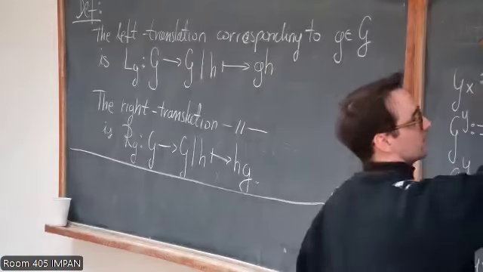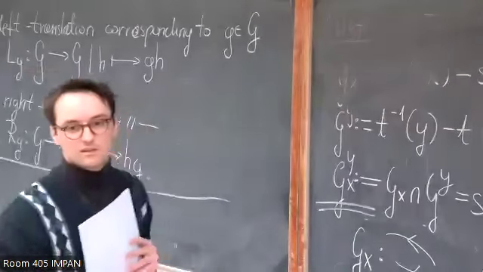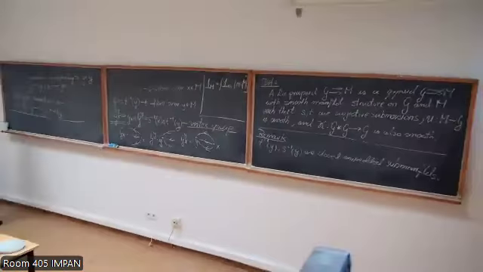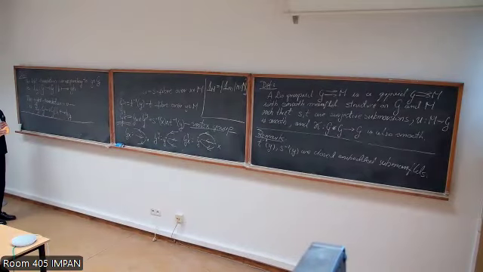Just a comment. The left translation and the right translation are only defined on the set of composable elements, so you must restrict the definition of the left and right translation to a suitable subset of the Lie groupoid, the beta fibers or alpha fibers.